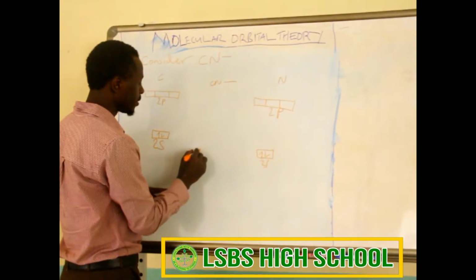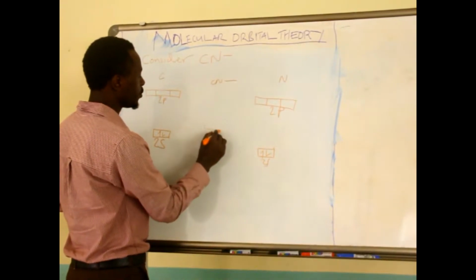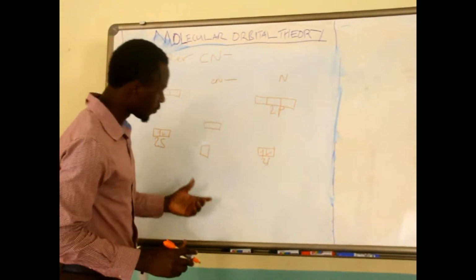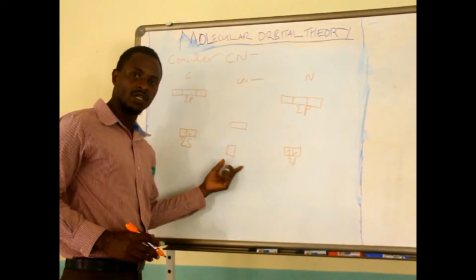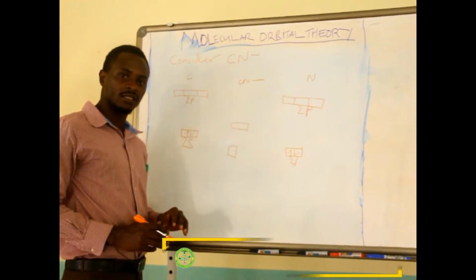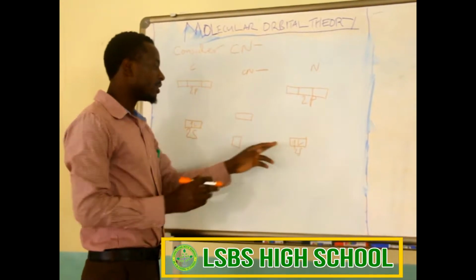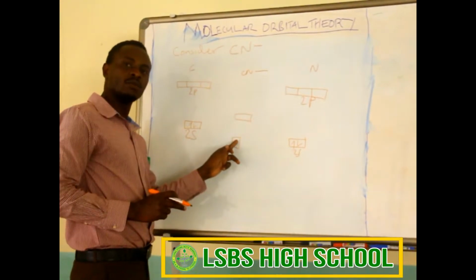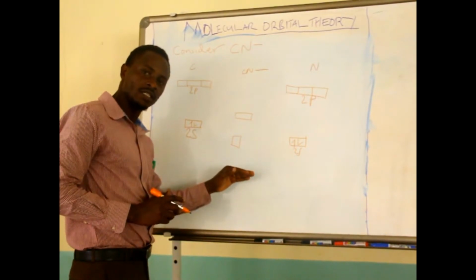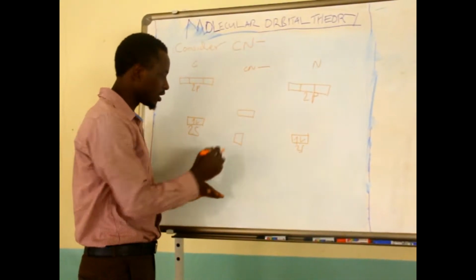Once they combine, they form another orbital called the molecular orbital, one at the lower energy level and another at the highest energy level. Electrons from each atomic orbital will first fall to the molecular orbital at the lower energy level and facilitate bond formation.